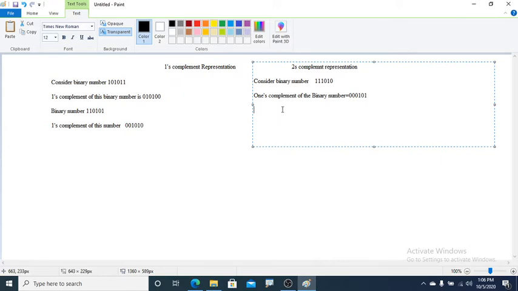Two's complement of the binary number is equal to, how can we do that?